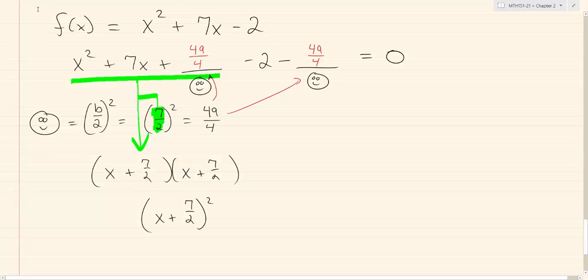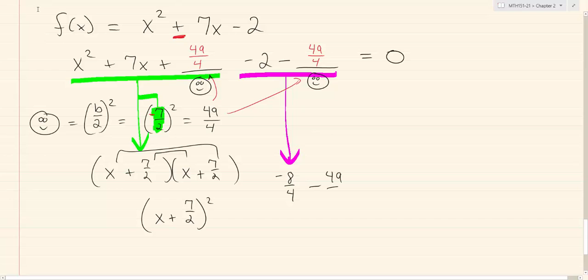And if you don't believe me, go ahead and FOIL it out. It works. So you're going to take this negative 2 and write it as negative 8 over 4. Is that better? And then negative 49 over 4 for a grand total of negative 57 over 4.